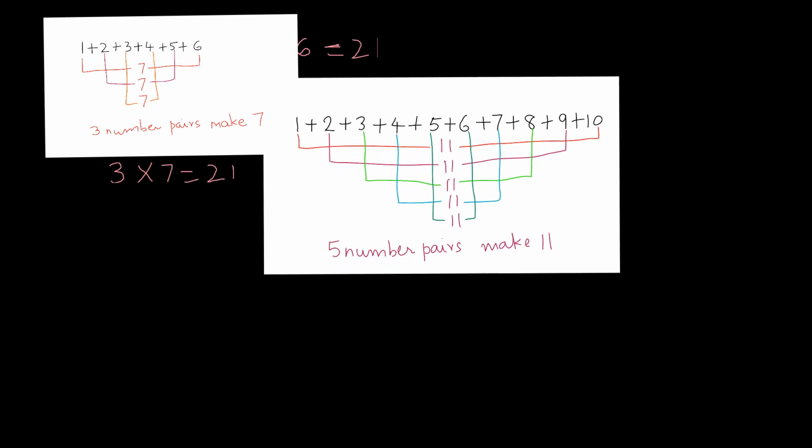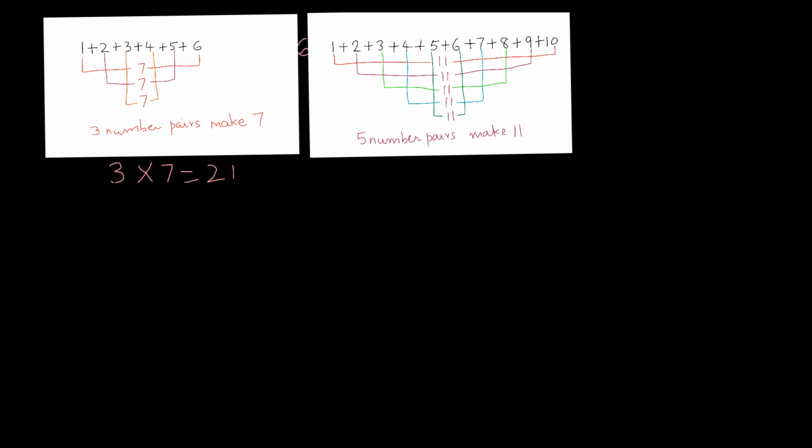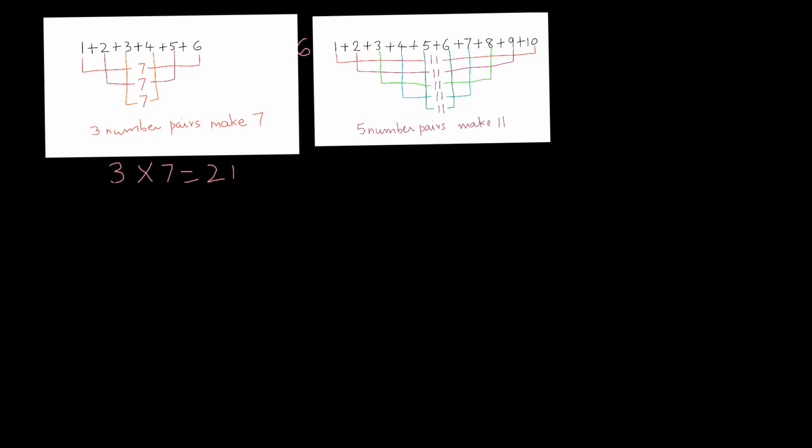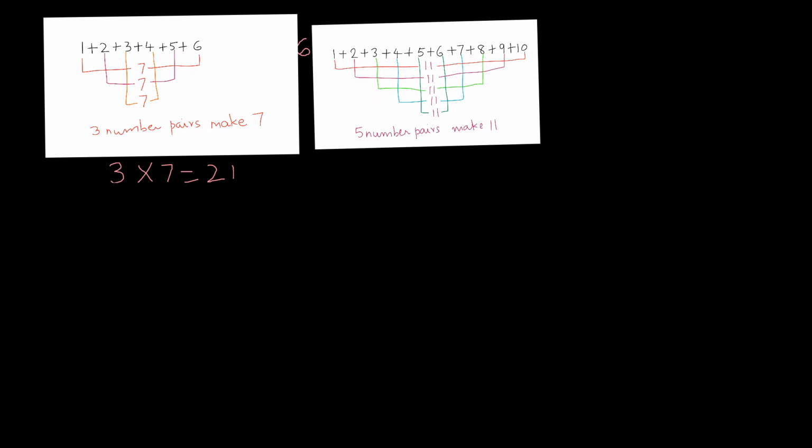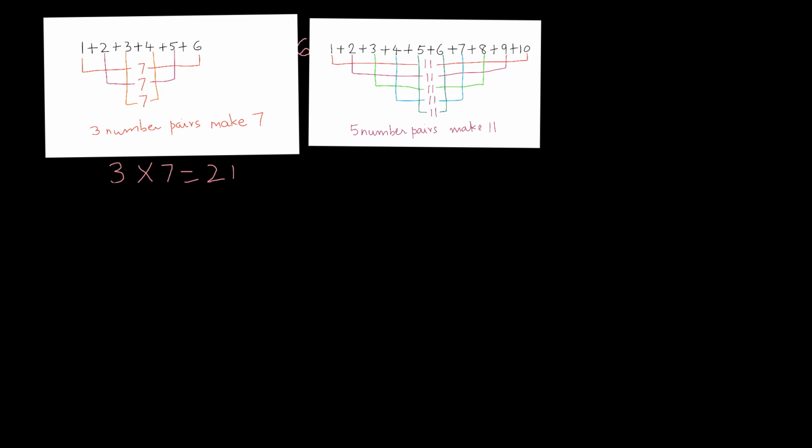And what do I see here? I get 5 number pairs that make 11. So the sum of numbers 1 to 10 is going to be 5 times 11, which will be equal to 55.